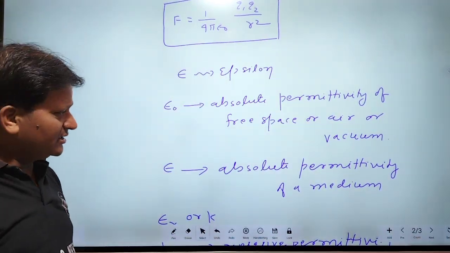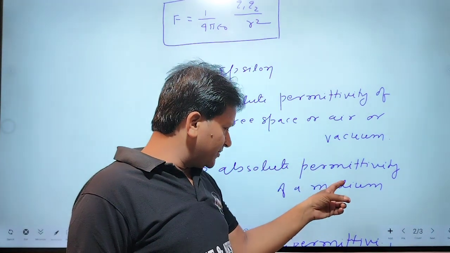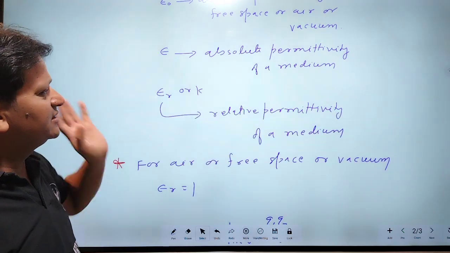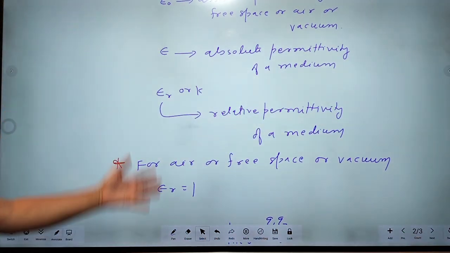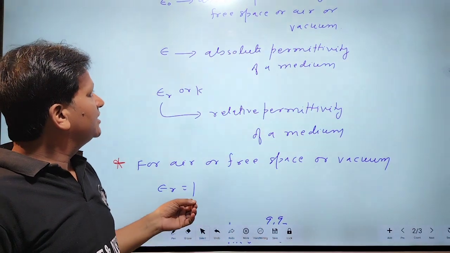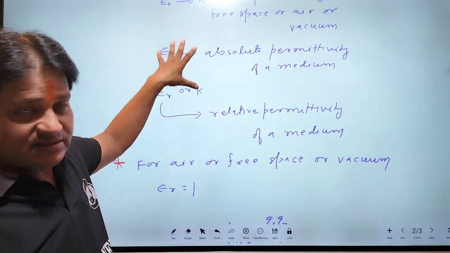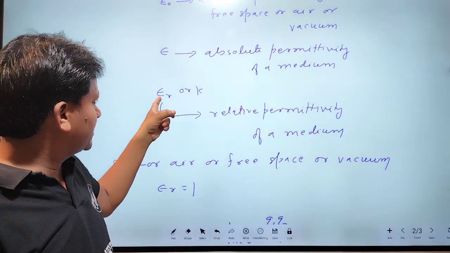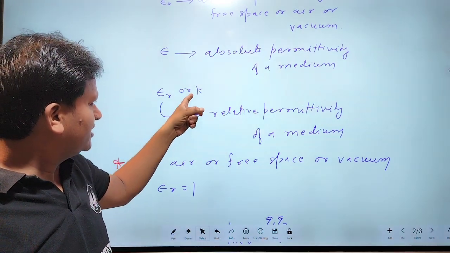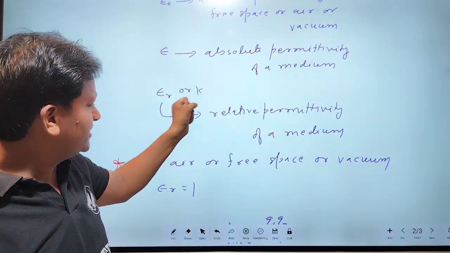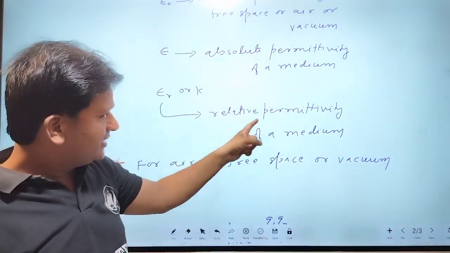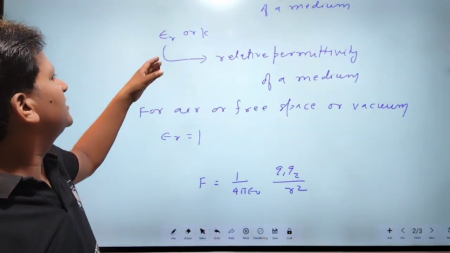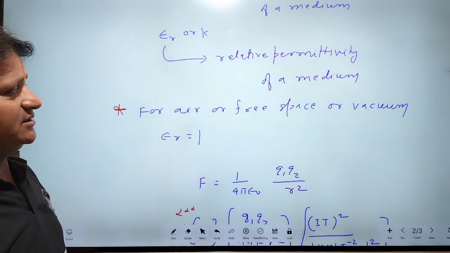Epsilon is the absolute permittivity of a medium. You can study in electrostatics about these terms. Epsilon r can also be denoted by K. It is called the relative permittivity of a medium.